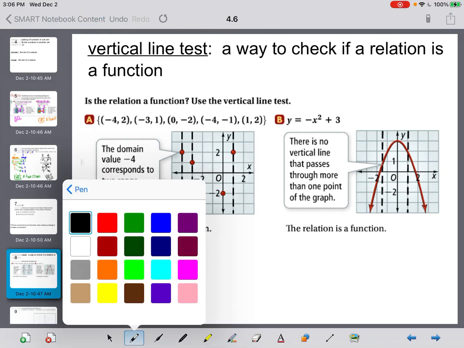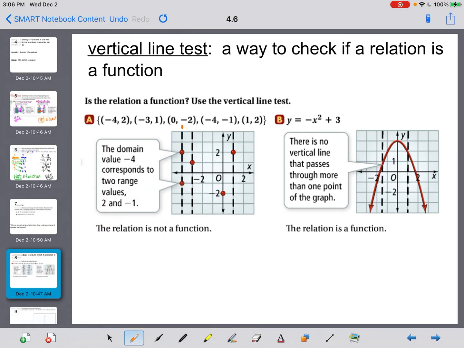If I draw vertical lines through this graph, one vertical line touches 2 dots, and the rest of them only touch 1. If any vertical line touches more than 1 dot, it is not a function, because that means these 2 points have the same x value in their ordered pair.